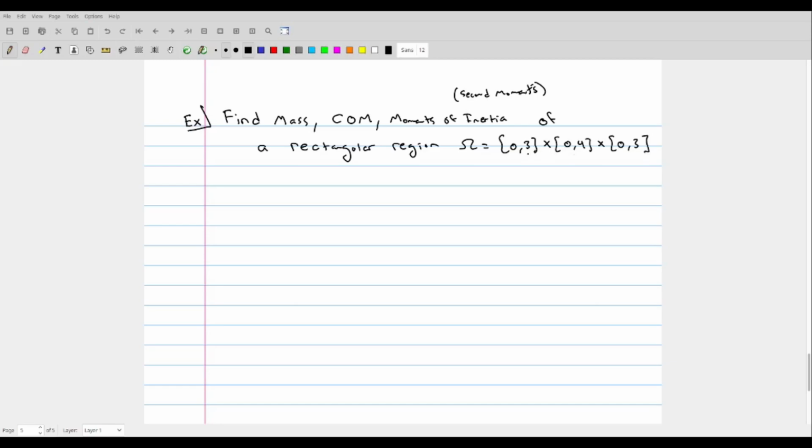So there's a width of 3, a depth of 4, and a height of 3, with a density function of rho of x, y, z equal to z times e to the x plus y.